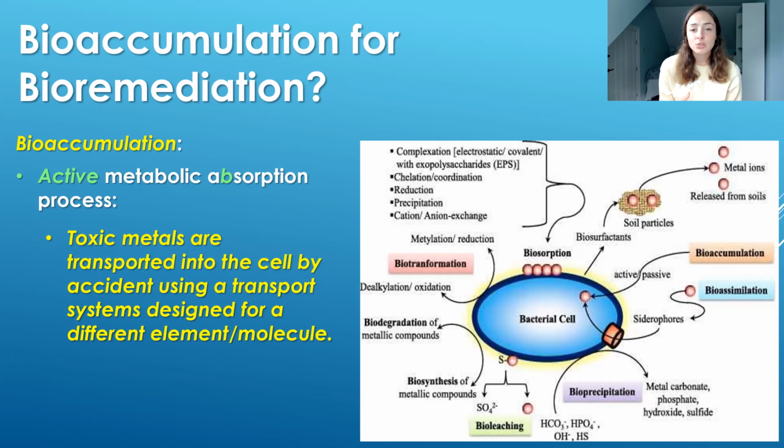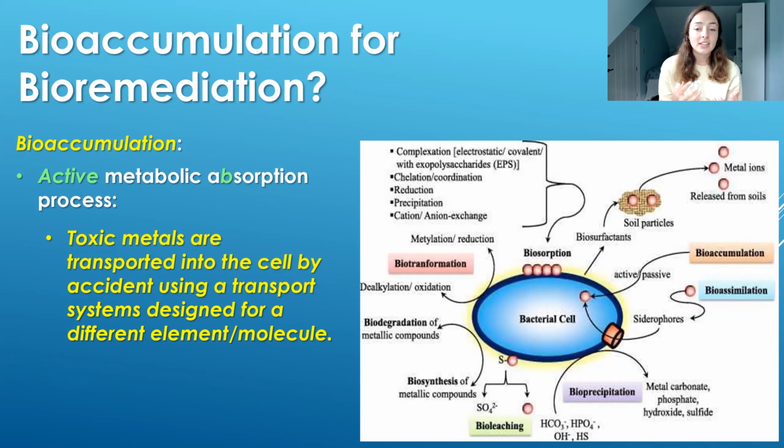It means that metals or contaminants, whatever contaminant you are targeting in that environment, the bacteria or microbe is actively taking up that compound into its cell by an enzymatic transport system, which is often by accident. Typically they have transport systems for nutrients they need to take into their cell, and sometimes they accidentally take up something that is structurally analogous to the nutrient they're actually targeting, and they take up something toxic, which benefits our purposes of using bioaccumulation, because that is what we're targeting.